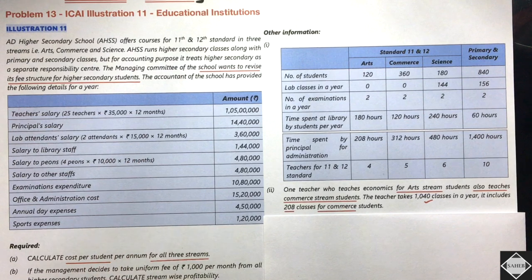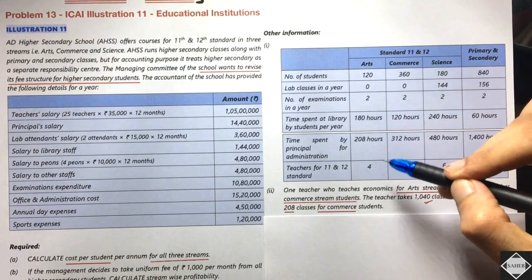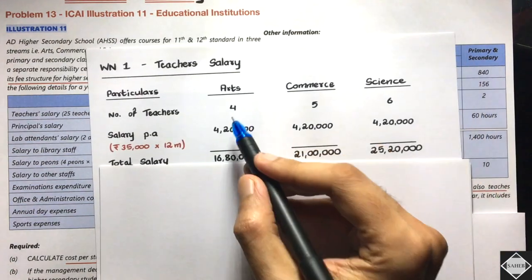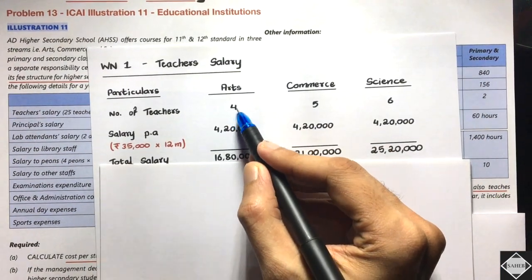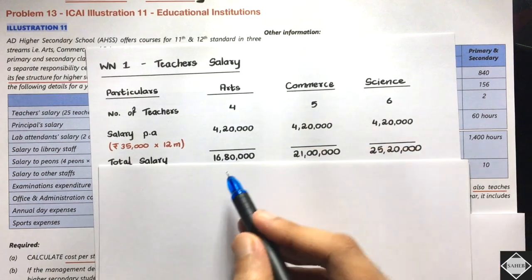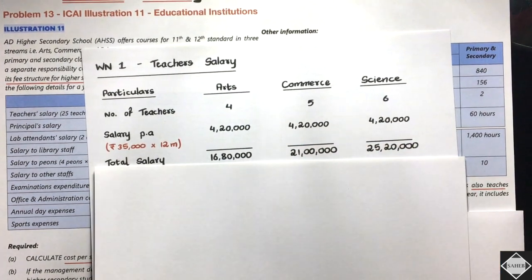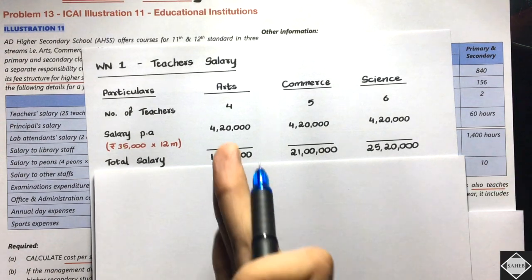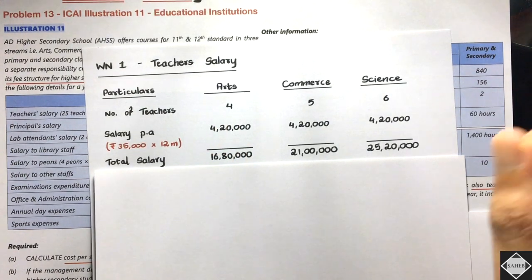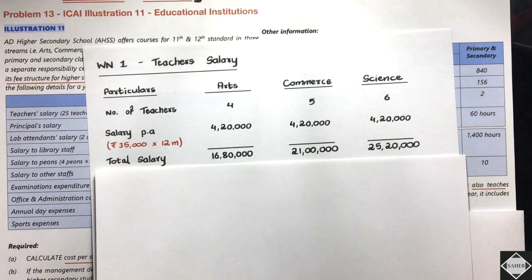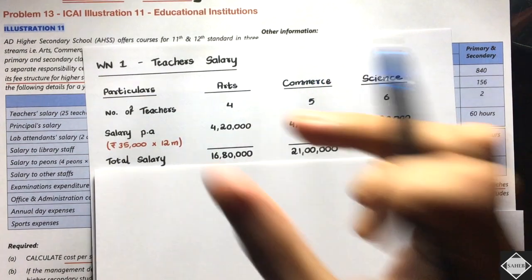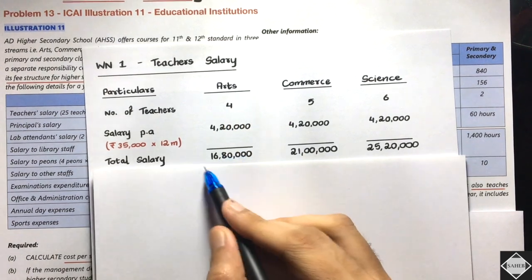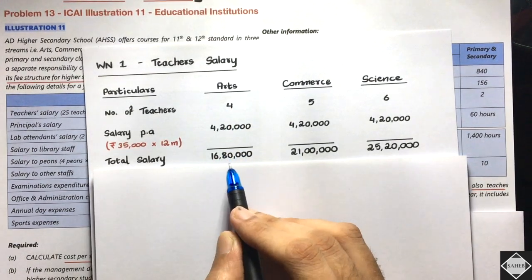So the economics teacher is already in this number 4, and we have multiplied 4 into 4,20,000, that is 16,80,000. The entire cost of that economics teacher has been allocated to the arts department. Do you agree? Yes, that's what has happened. The entire 4,20,000 of that teacher's salary has gone to arts, included in this 16,80,000.